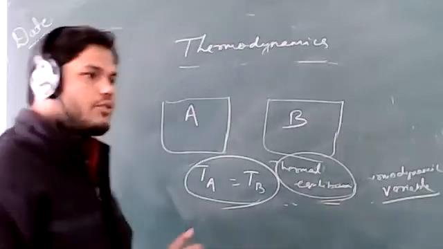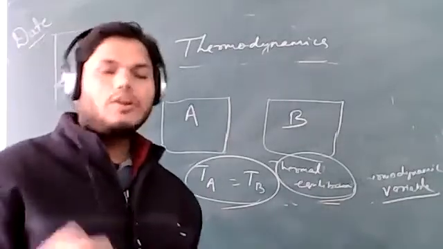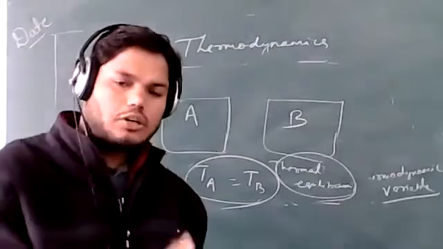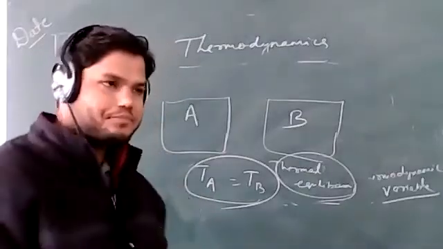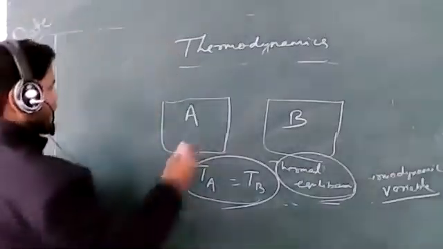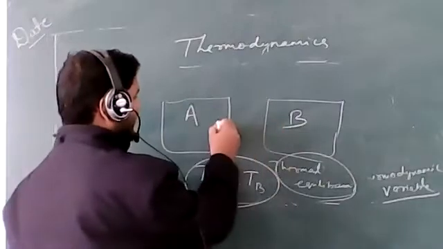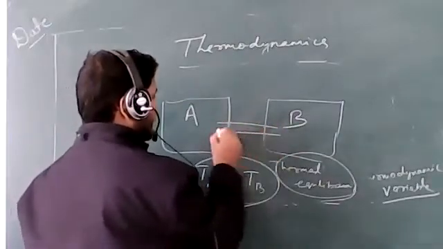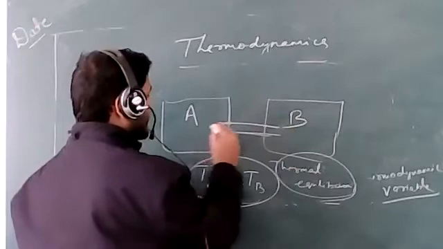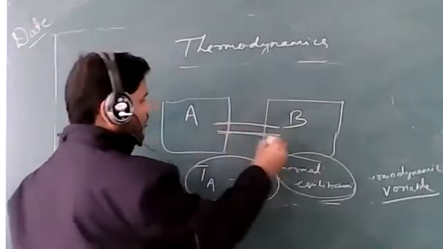We know that heat will always flow from the hot body to the cold body, yes or no? If there is a hot body and a cold body, with a conductor placed in between, the heat flows from the hot body to the cold body.